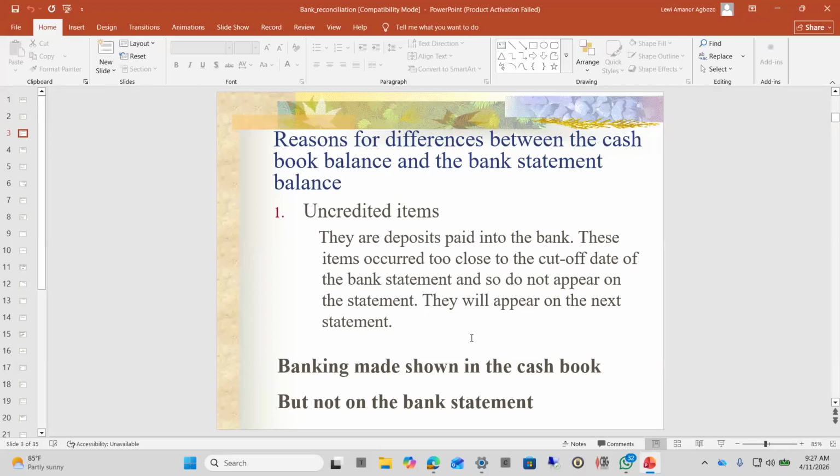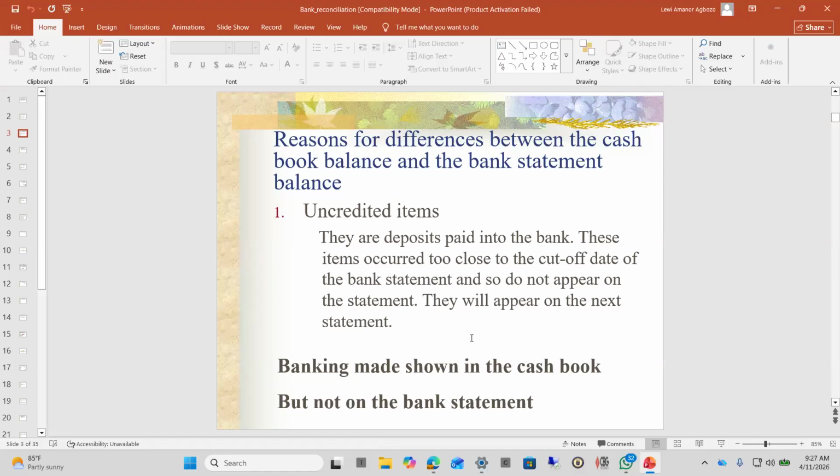Remember, the bank is keeping that account for you. And so when you pay in, they credit you because they are holding it for you. And when you withdraw, they debit you. But in your own cash book, because it is for yourself, when you receive money, you debit it. And when you pay out, you credit it. So the statement that the bank gives you to tell you the transactions that you have done within the period is what we call the bank statement.